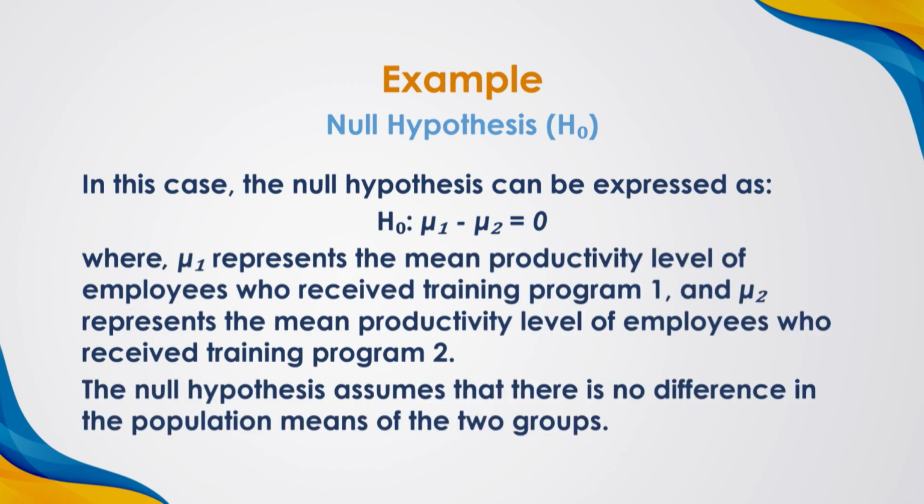In this case, the null hypothesis can be expressed as H0: mu1 minus mu2 is equal to 0, where mu1 represents the mean productivity level of the employees who received training program 1 and mu2 represents the mean productivity level of employees who received training program 2. The null hypothesis assumes that there is no difference in the population means of the two groups.